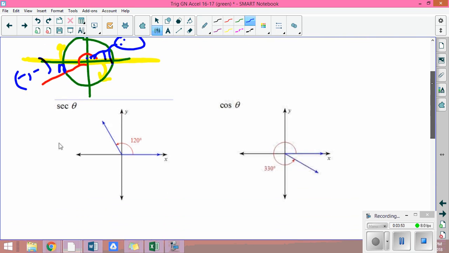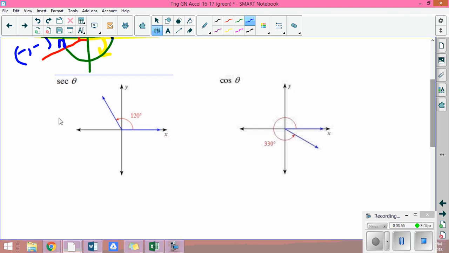So let's look at some examples where we would maybe use a reference angle. The secant of 120. Now, I know that secant is the reciprocal of cosine. And so what I want to think about is, what is this reference angle? Well, my reference angle is 60 degrees, because to get back to 180, if this is 120, is 60 degrees.